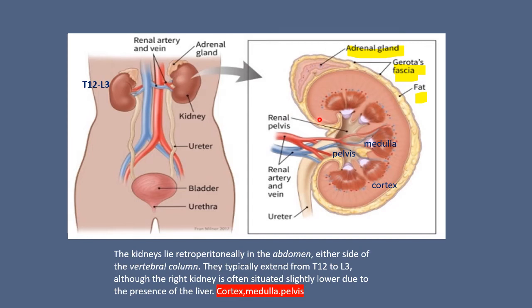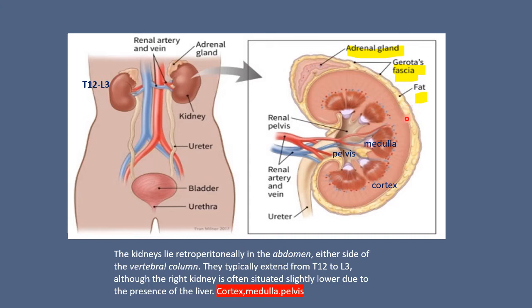The kidney itself is covered with a capsule, and a fascia known as the Gerota's fascia, the outermost layer here, which also encloses the adjacent adrenal glands, which attach to the upper pole of the kidney. The kidney is surrounded by this yellowish structure, which is known as the perinephric fat.